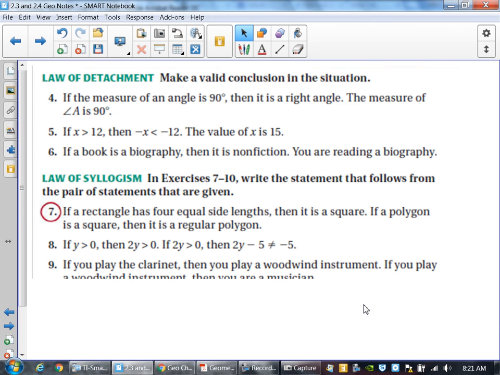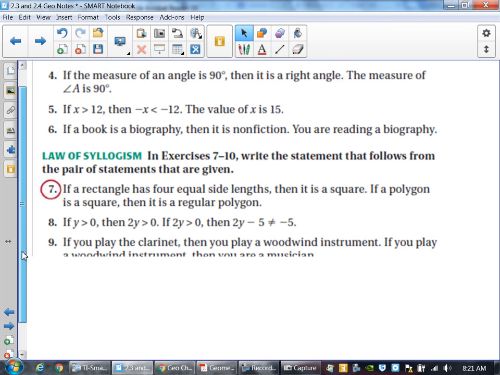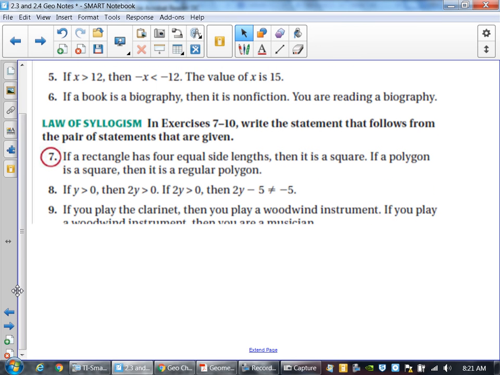That's how detachment works. If I look at syllogism, if a rectangle has 4 equal side lengths, then it is a square. If a polygon is a square, then it is a regular polygon. So what can you say? If a rectangle has 4 equal sides, then it is a regular polygon.